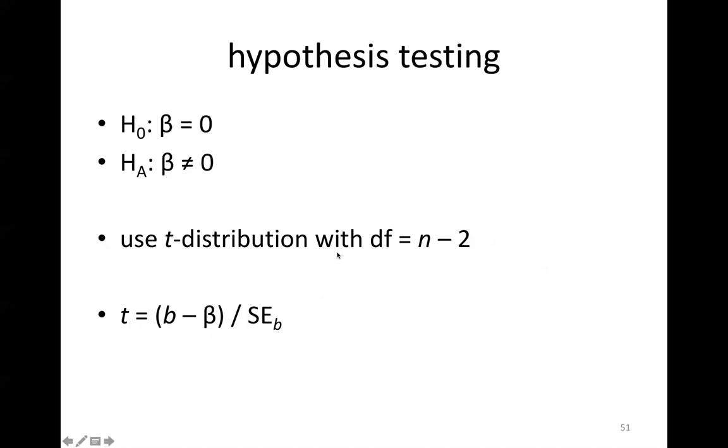And if the null hypothesis is not true, then this t statistic would be outside the t distribution. The probability of observing such a t statistic would be very low if the null hypothesis is true.